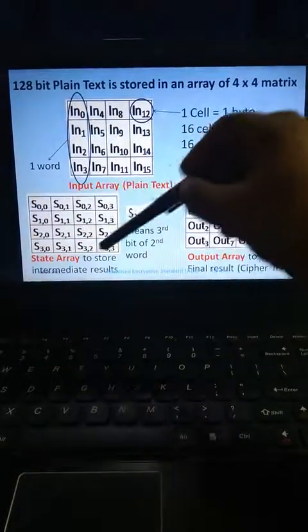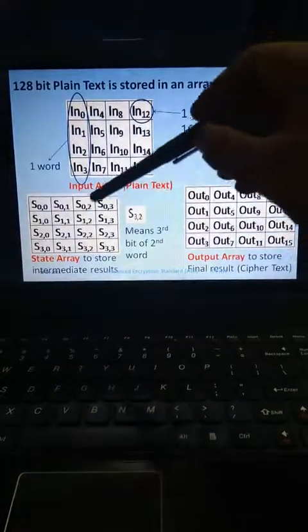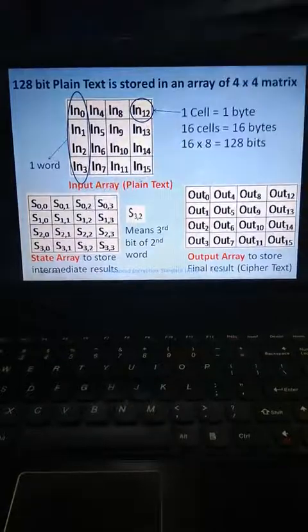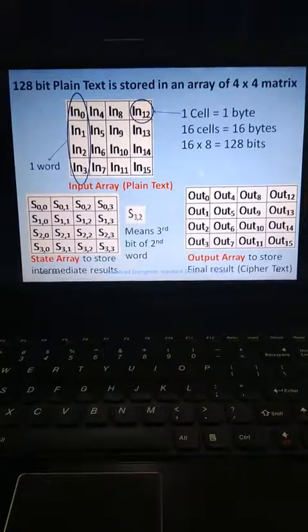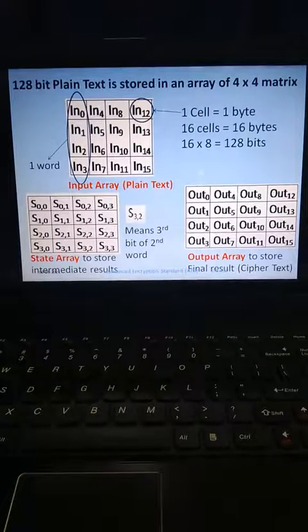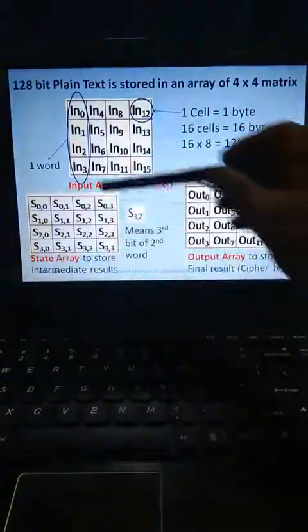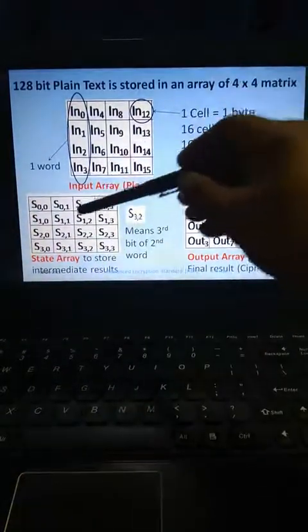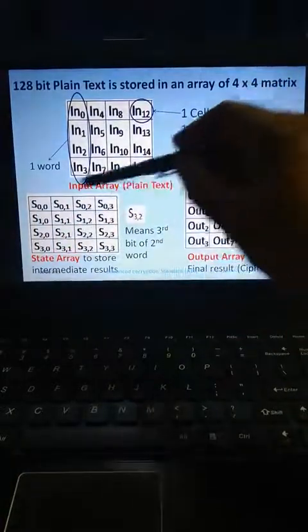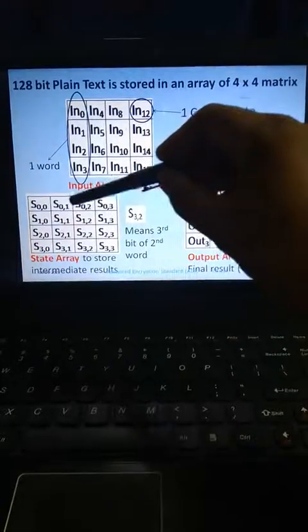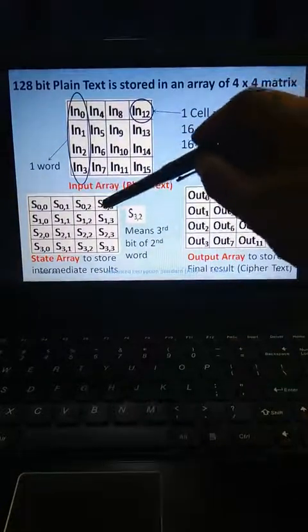Now these are state arrays. State arrays are used for storing intermediate results. All intermediate results are stored in state array, which is also a 4 into 4 matrix.